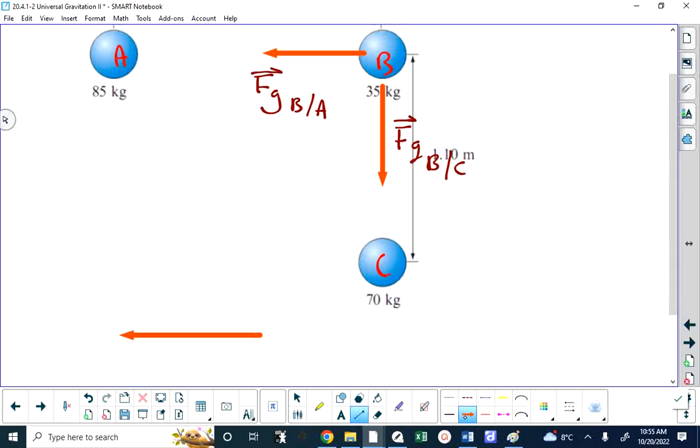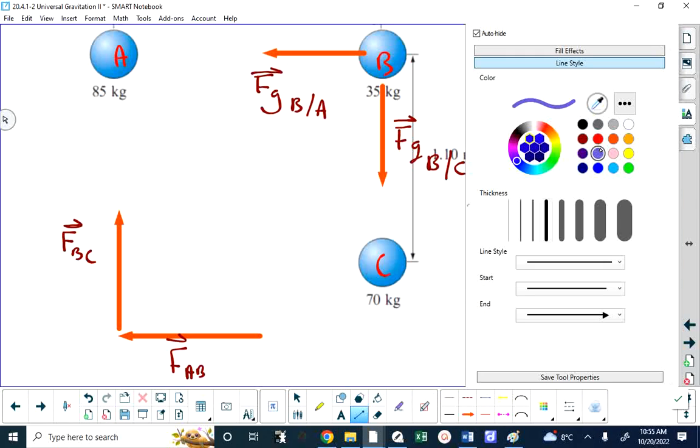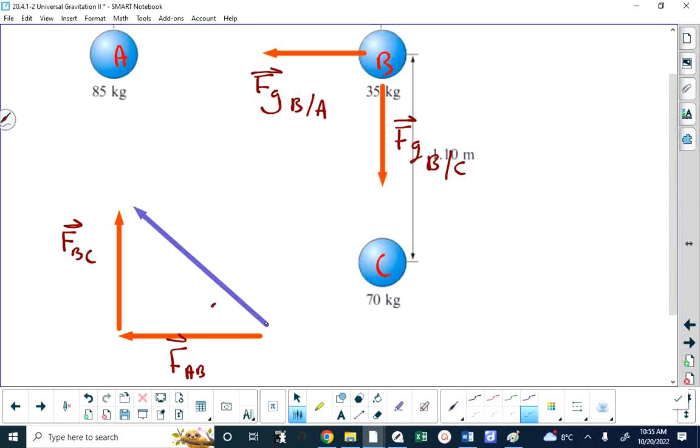So you're going to take whatever force this is, the force between A and B, and whatever force this is, the force between B and C, and to determine the net force and the angle, you're just going to use math. And when I say math, I mean very basic math. Tangent equals opposite over adjacent, then go inverse tan, and the Pythagorean theorem.